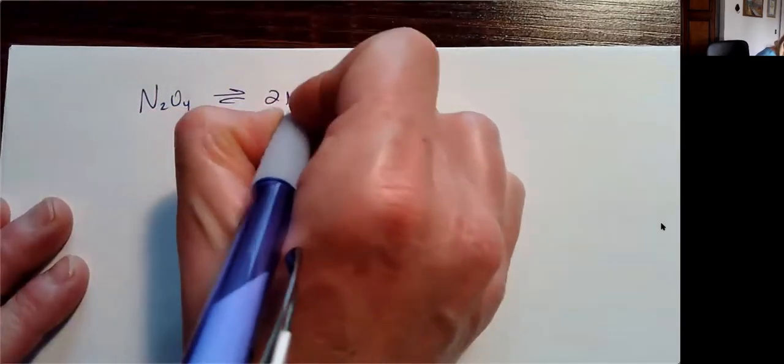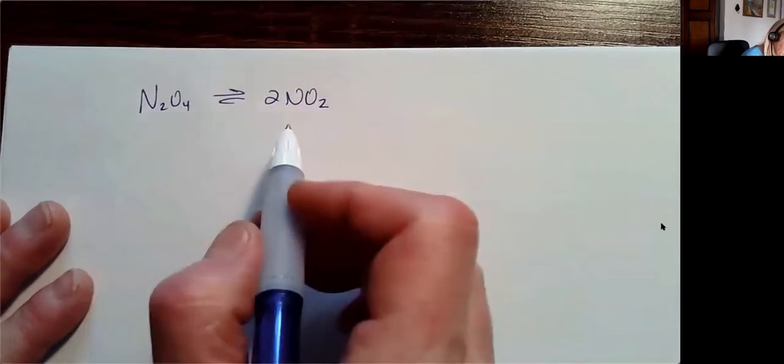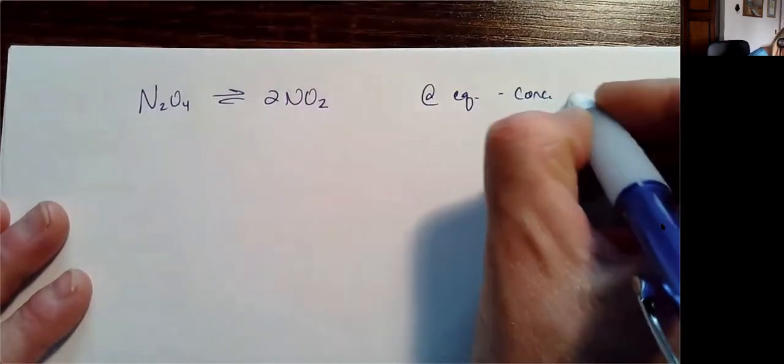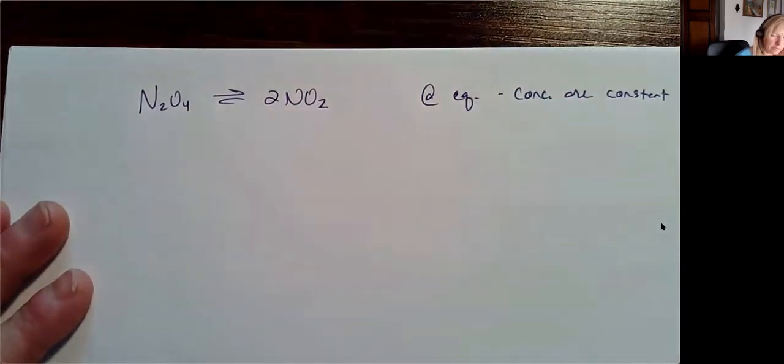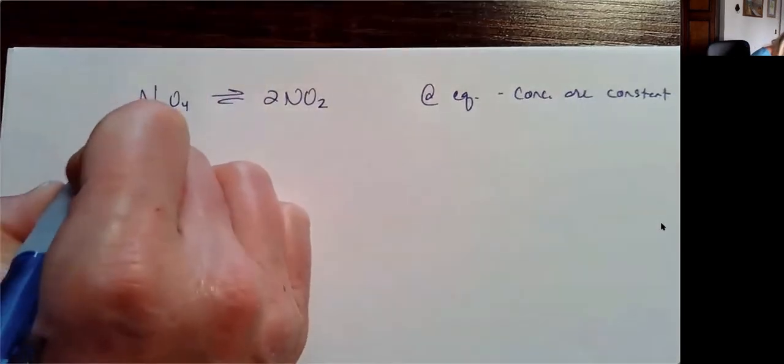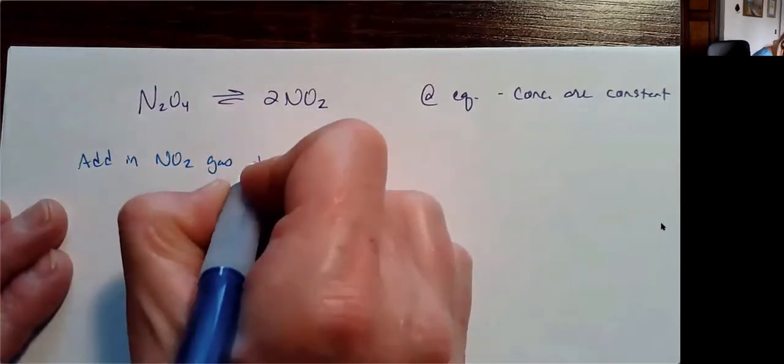If I take a really simple equation here, let's say I have N2O4, and that's in equilibrium with NO2. At equilibrium, my concentrations are constant because I'm at dynamic equilibrium. Now let's say I add NO2 gas to the system.